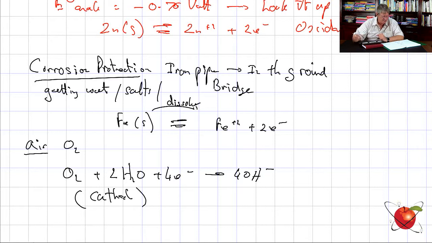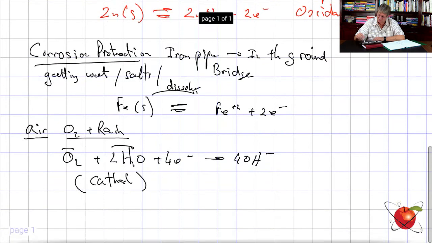So if I've got a situation where we've got air, and let's put in some rain, the oxygen in the air with the water is going to go to OH minus. And up top I've got a cell where my iron is starting to dissolve.